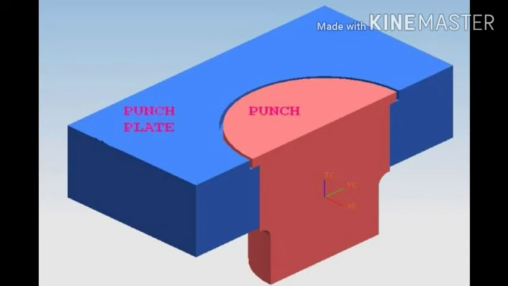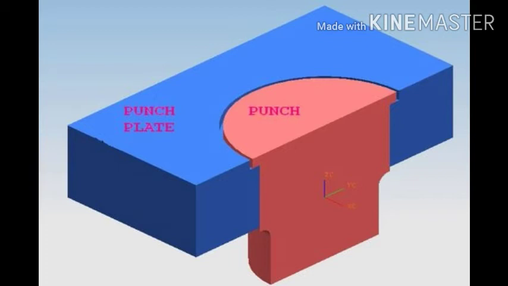They may be guided by a stripper or some other appropriate die members. In the image you can see the punch is located on the punch plate. Such type of arrangement you can see in the integrated punch.